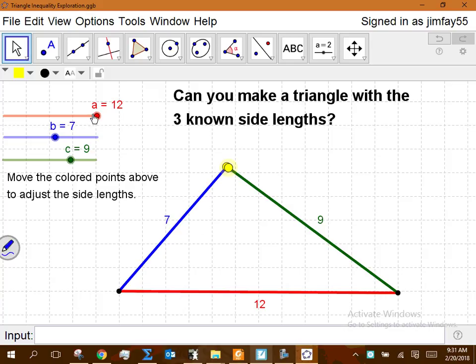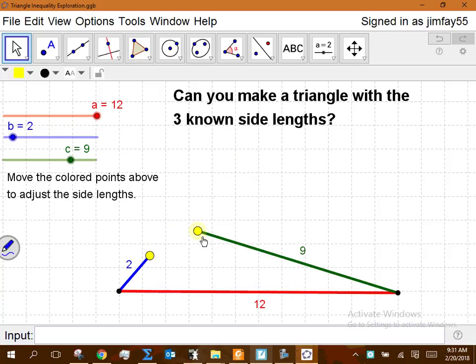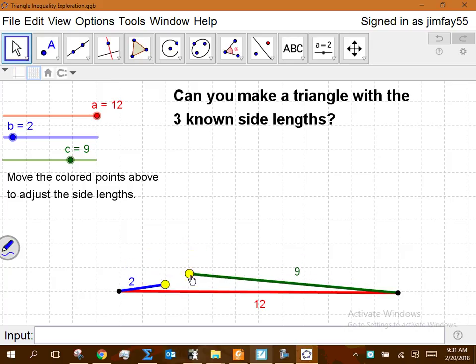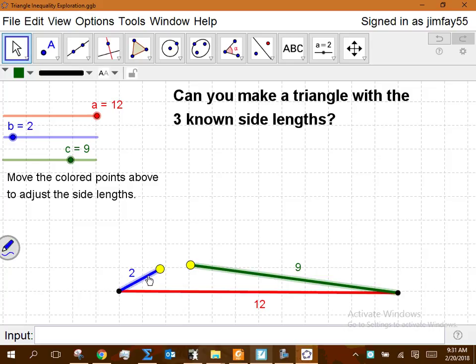But there are relationships where I will no longer be able to get those to connect to create a third vertex, right? Essentially the idea is, if I gave you these two side lengths right there, you may have a number in mind for the maximum that the red one could be.